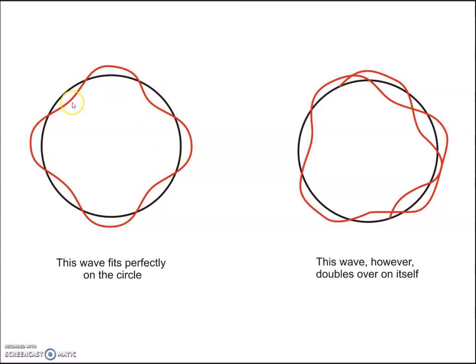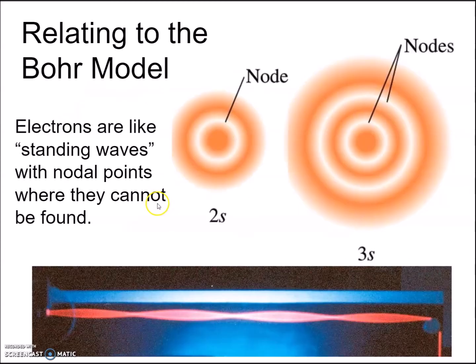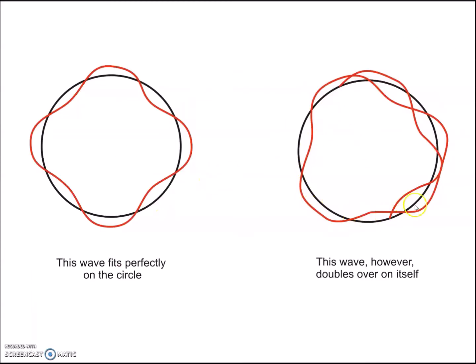There's 1, 2, 3, 4 nodal points. Consider this one on the right side. This wave does not quite fit within that energy level. That energy level can't exist within that atom because it doesn't perfectly fit a standing wave.